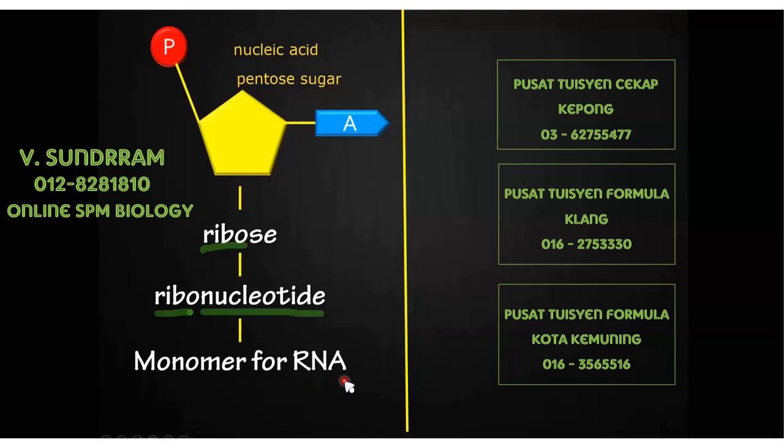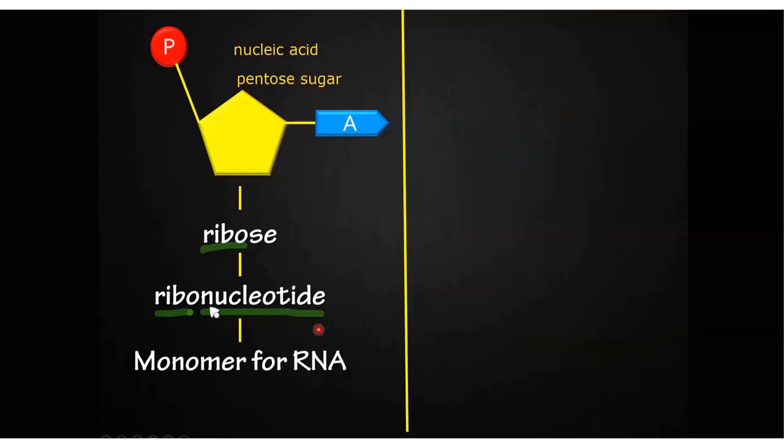Untuk buat RNA, kita perlukan ribonucleotide. Ribonucleotide looks like this, but just that the sugar is specific, it's ribose sugar. If you want to make nucleic acid, you use pentose sugar, general name. If you want to make RNA, specific name, we need specific nucleotide by the name of ribonucleotide.